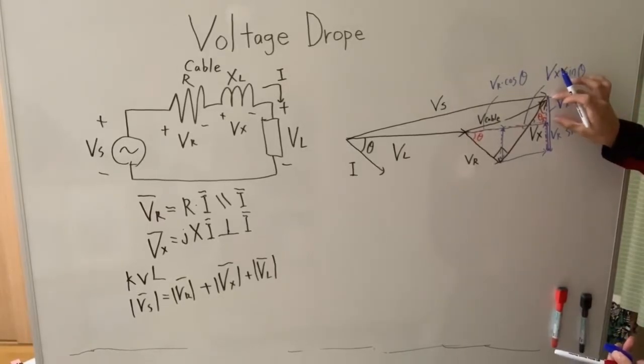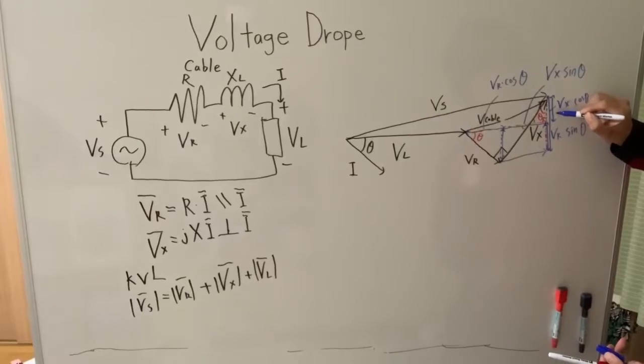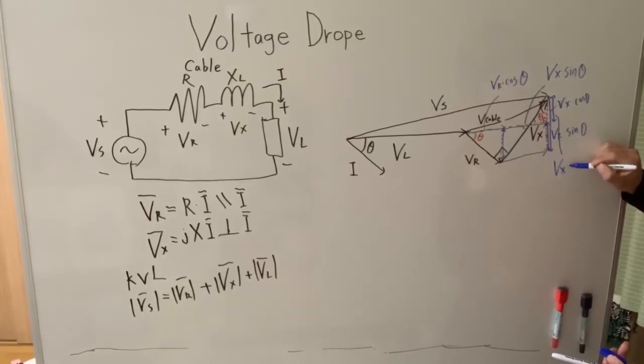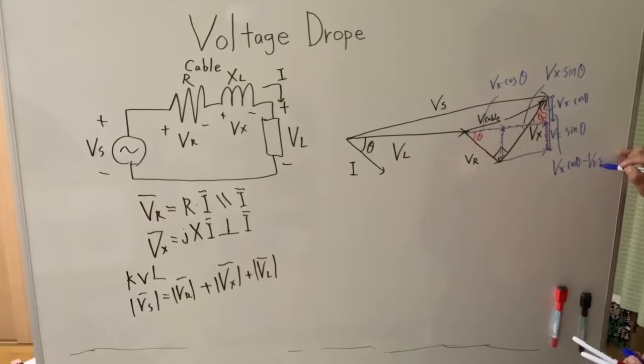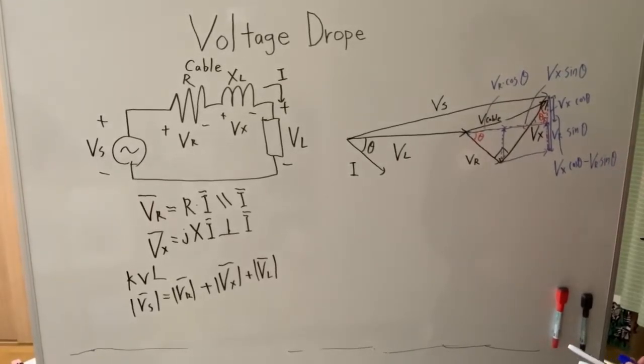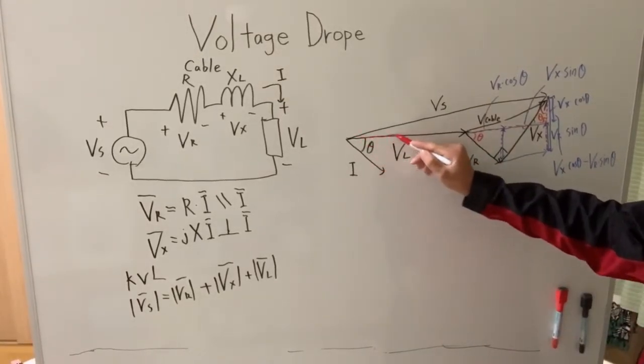So here this length is, of course, VX times cosine theta minus VR times sine theta. Okay, so think about this triangle here.